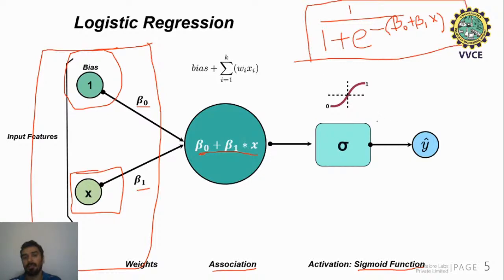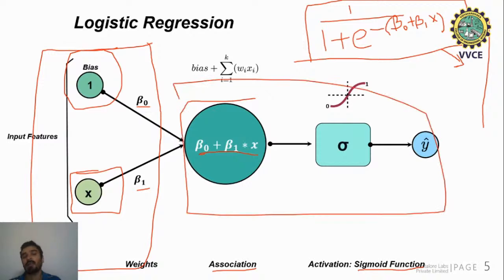Logistic regression is a classification model, so what it does is it comes up with a decision boundary to separate between two classes, right? What I'm trying to say from this slide is that each of the neurons in your neural network will act as a logistic regression unit. If you use the sigmoid function, or even if you use another activation function, it does something similar to what a single logistic regression model does.